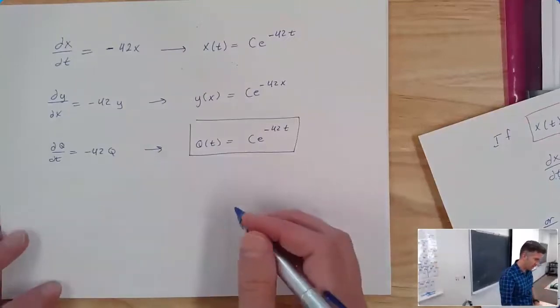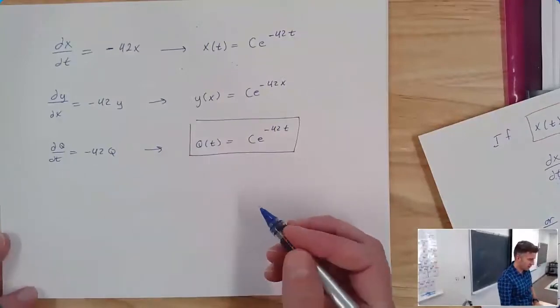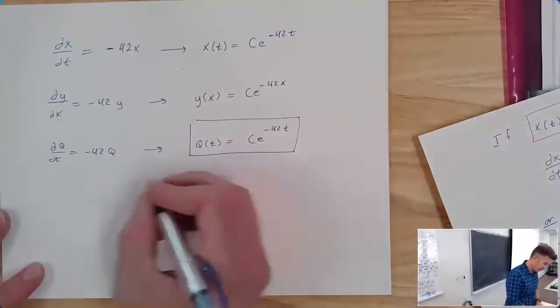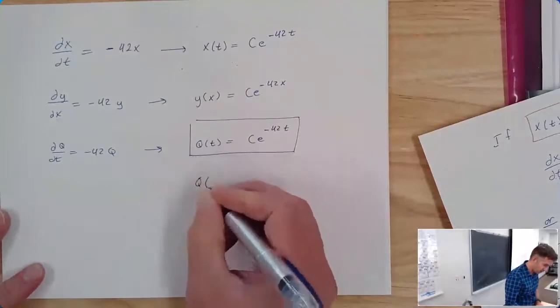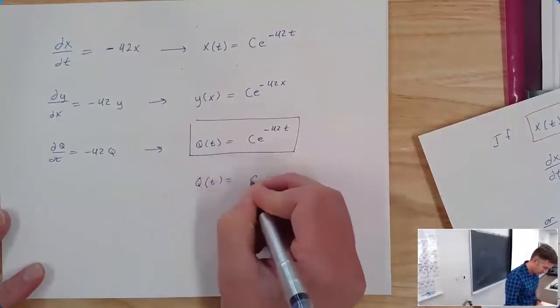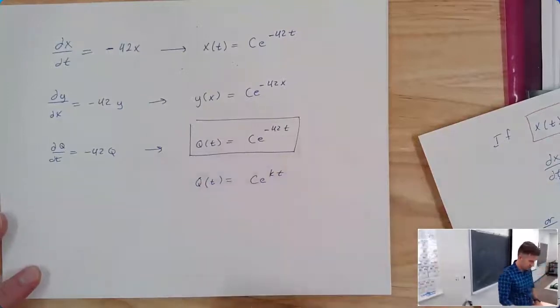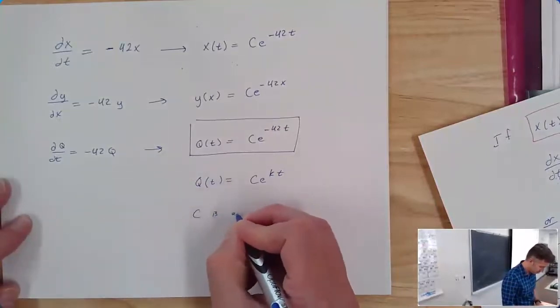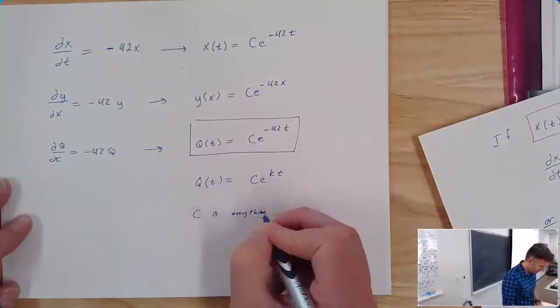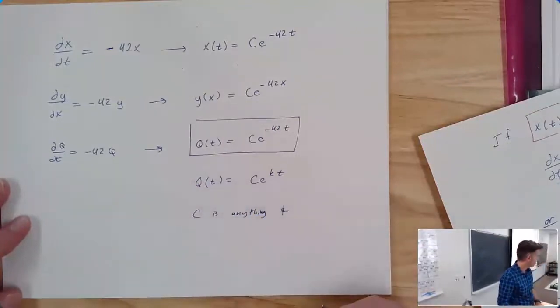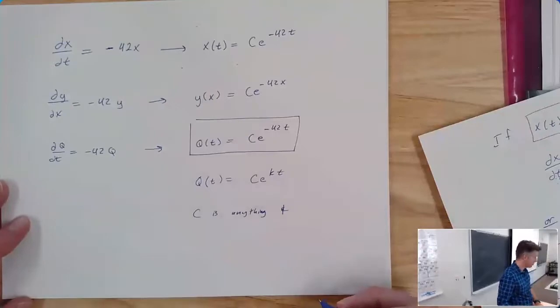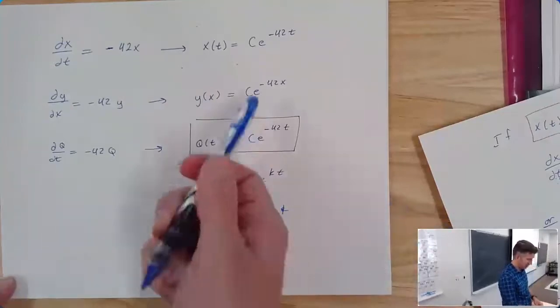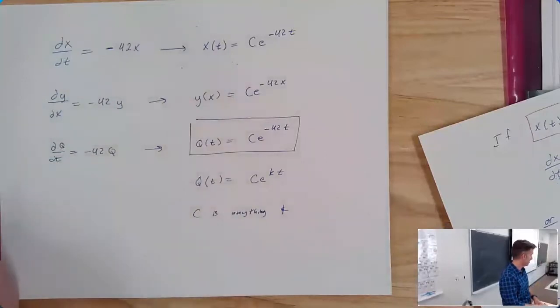So if we're thinking here of q(t) equal to Ce^(kt), one answer to what k and C can be is that C can be anything. But what does k have to be? Well, what's the number that's filling the role of k in each of these examples? Right, it's specifically the number negative 42.